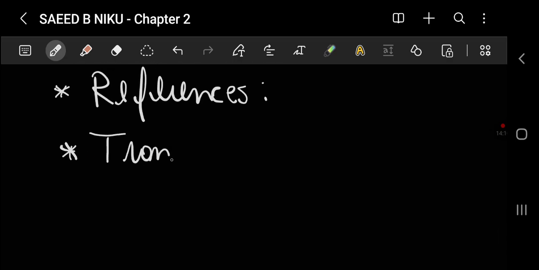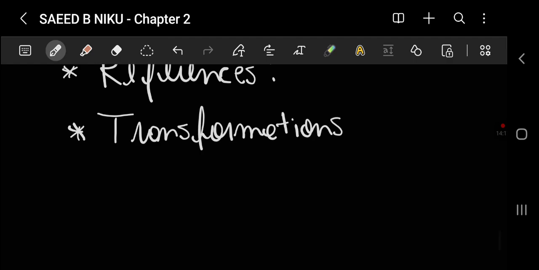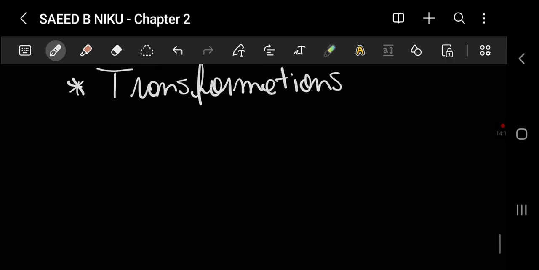We're going to have transformations, but let's jump right to what matters in this chapter, which is learning how to write points and vectors in space.